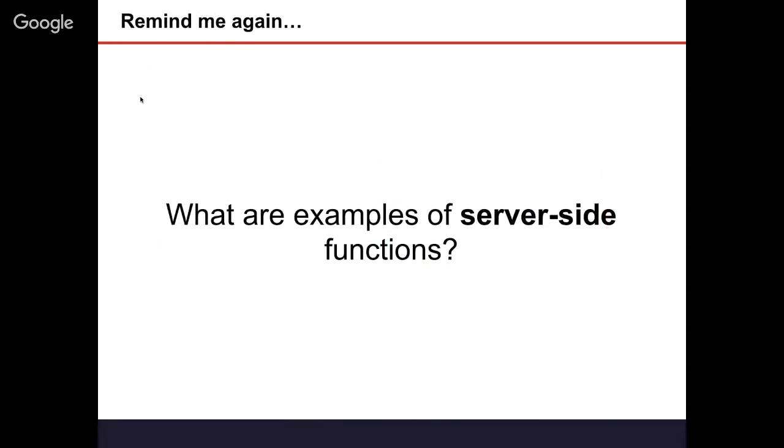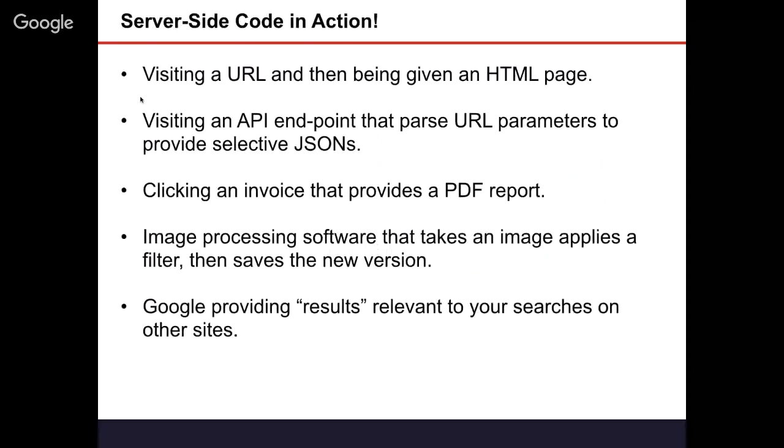All right, so what are some examples of server-side functions, guys? Right, a request? Sure, HTTP request, that's good, right? So anytime you're going to a URL and you're given an HTML page, there's a couple things going on. There's routing happening. It's knowing where you're going.